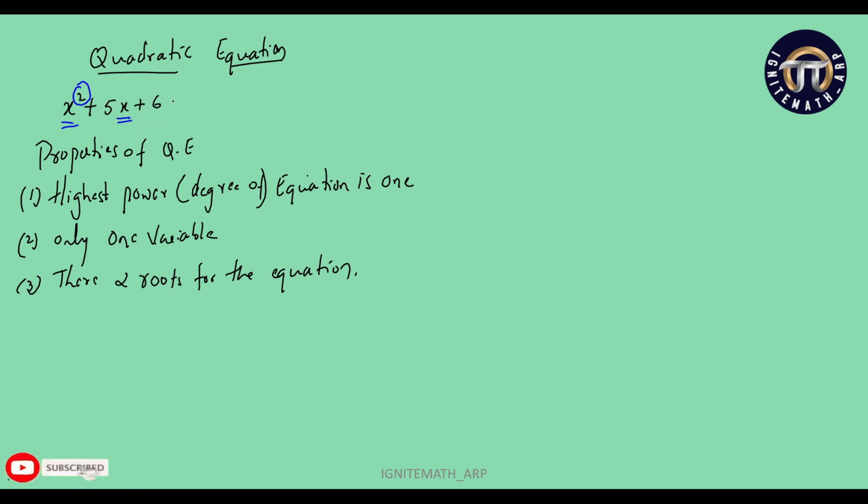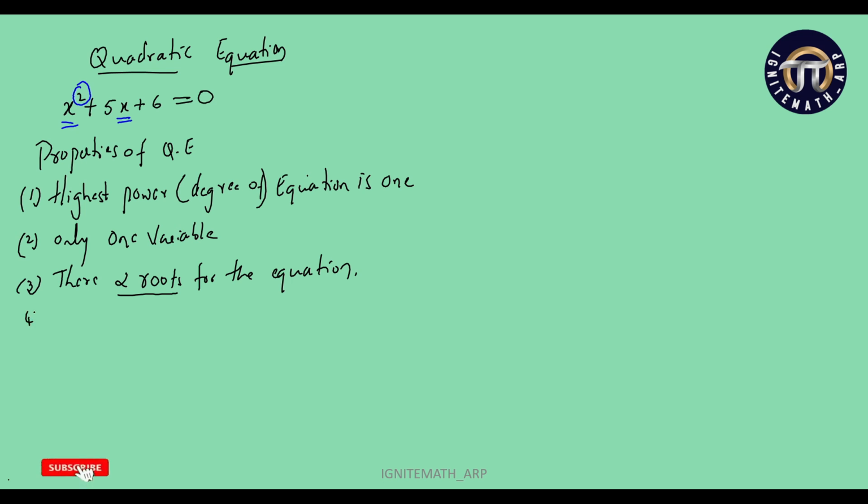When I write equal to 0, it becomes a quadratic equation. Can you tell me why it becomes an equation? Because of this equal to sign. If the equal to sign is not there, then it is a polynomial. If the equal to sign is there, then it becomes an equation. Very simple, children. So now there are two roots for the equation. Both will satisfy the equation.